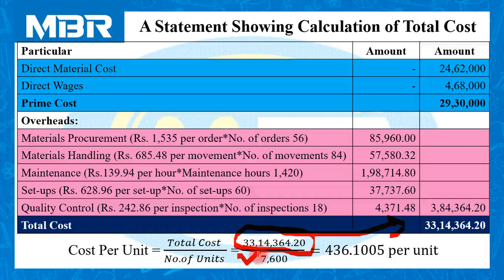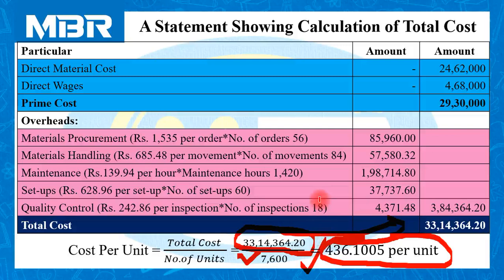You can read your question carefully. Number of units produced by the company during the given period of time is ready-made given to us in our question. So cost per unit for this particular time period is rupees 436.1005.